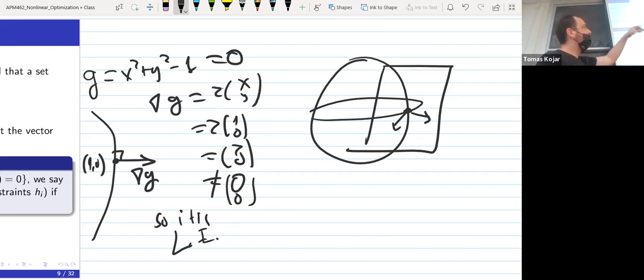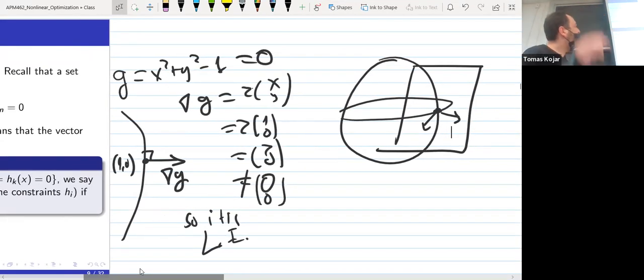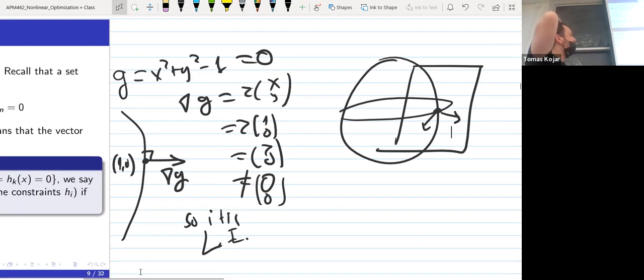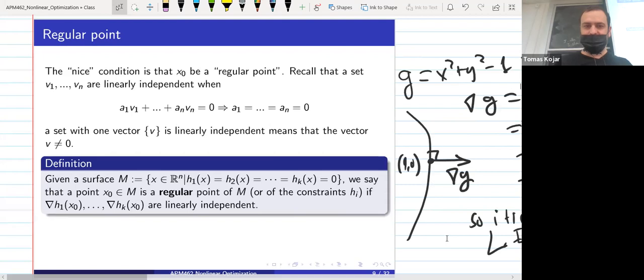But anyways, you can have more than one constraint, and you're asking them to be linearly independent. We'll do this more carefully. Keep in mind the two-dimensional example.